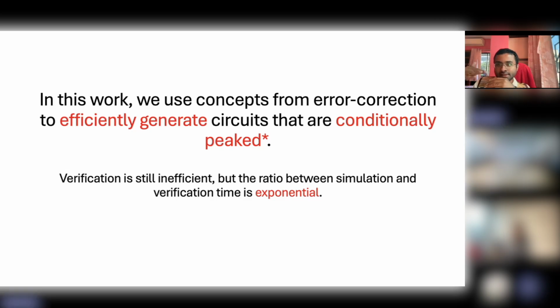The quantum part of the circuit is only run by the quantum computer, which the adversary has, and the verification part is fully classical. Right, but you're saying that verification can still be exponentially faster, right? Yes. Verification can be much faster than classical simulation. Oh, right. Okay, right.